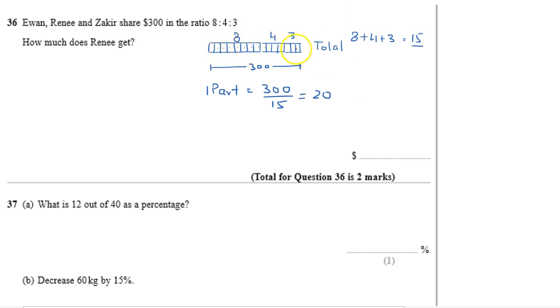Rene has 4 parts. One part is 20, so what will be Rene's share? She has 4 parts, each part is 20, so her share will be 80.